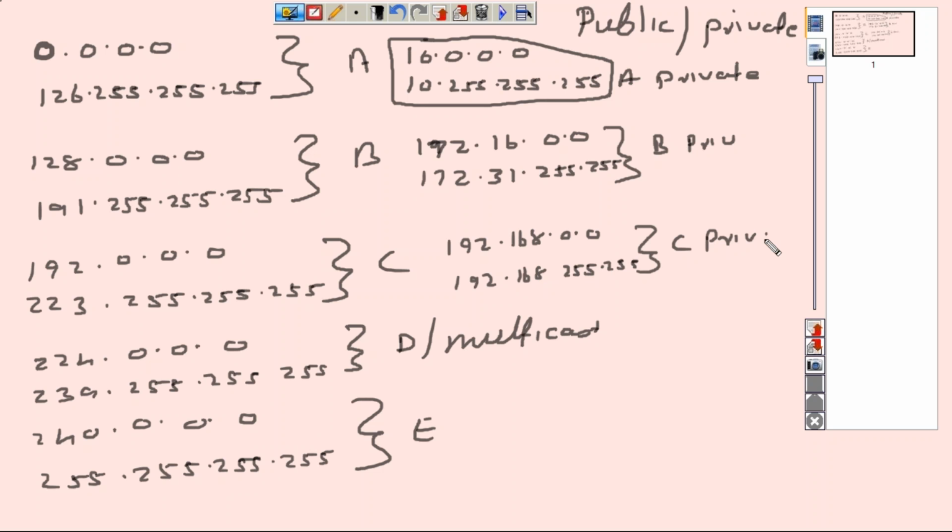Now, if you look at the Class A private range, how many IP addresses do you think that is? So it would start from 10.0.0.0, 10.0.0.1, 2, 3, 4, all the way up to 10.255.255.255.